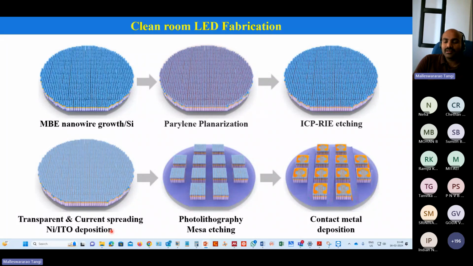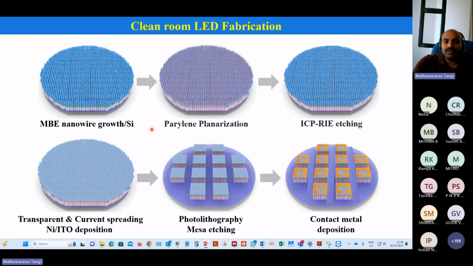This is a polymer which has a very high transmission in the visible and UV region, and it is also an insulating material. It prevents shorting of the top and bottom electrodes. So for that purpose, we deposited parylene.